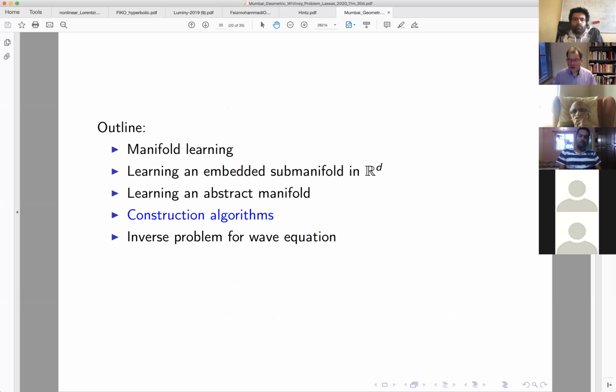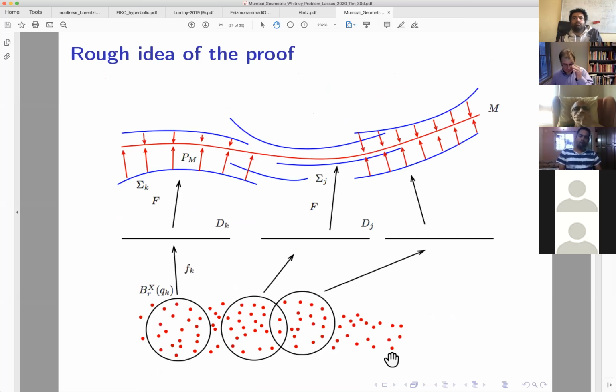Okay, let me explain the construction of this. So here is a schematic picture. These red points are the data set, the metric space that is given to us. Then we will separate it into balls. Balls are mapped to Euclidean space.